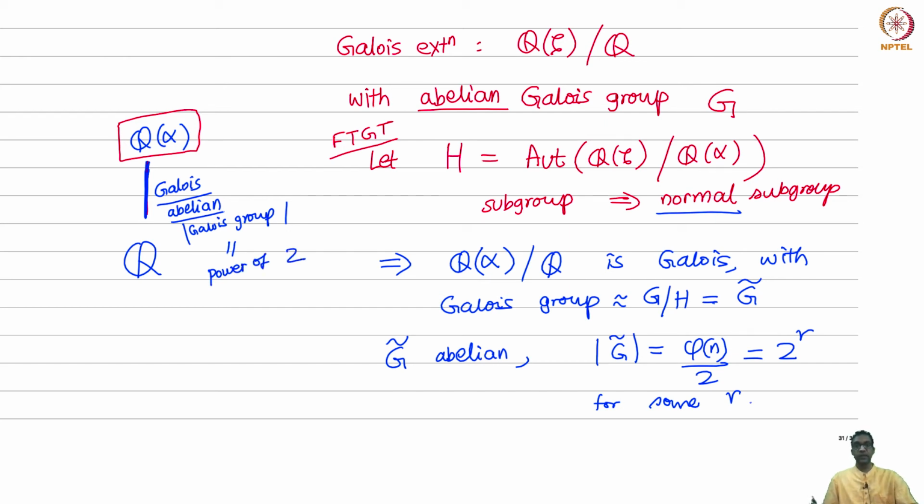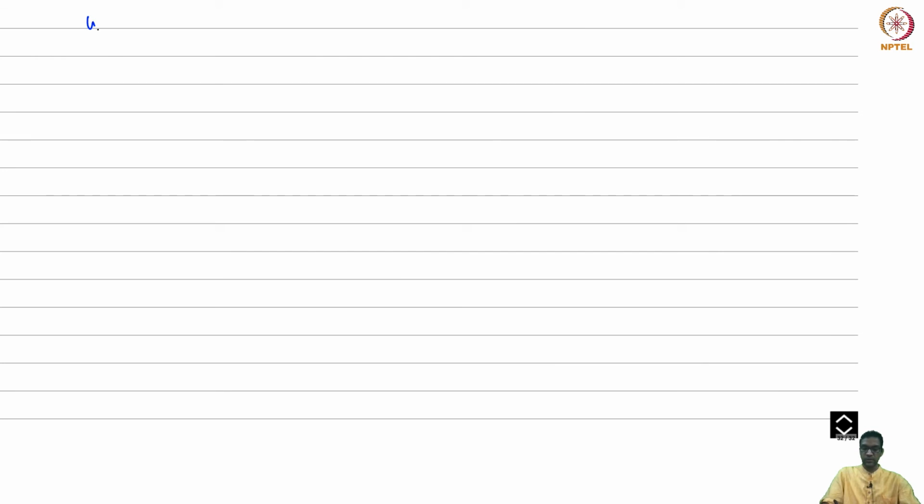Now what is it that we need to prove? We need to show that alpha is constructible. In other words, I can realize alpha inside an extension which is obtained from Q by a successive tower of quadratic extensions. So I want to be able to find an intermediate tower like this. Recall, this is what we want to show, that alpha is constructible. What does that mean?